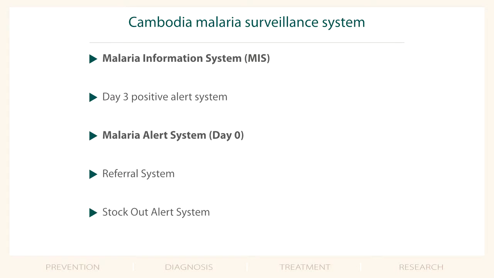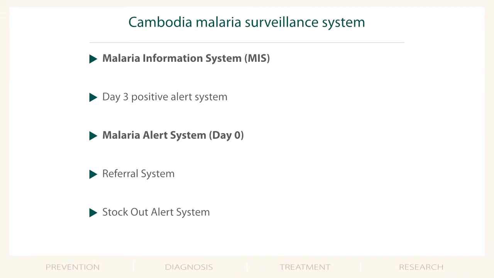So we have 5 tools. One is the malaria information system, MIS, which stores all the data involved with malaria cases. The second tool is the positive alert system, which reports by SMS technology using FrontlineSMS software. It's open source.